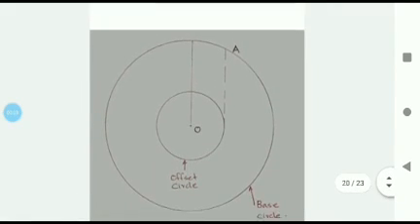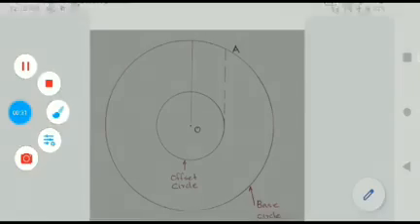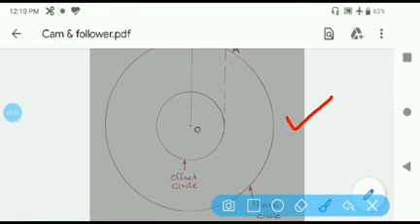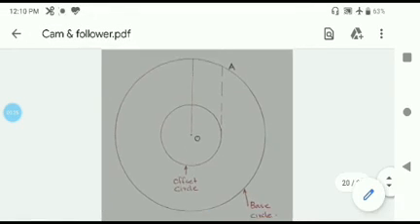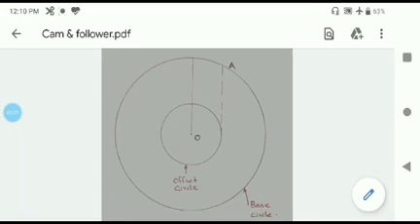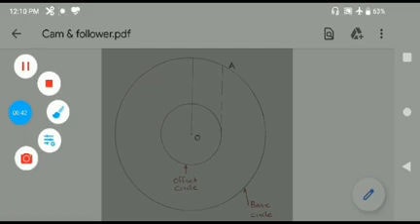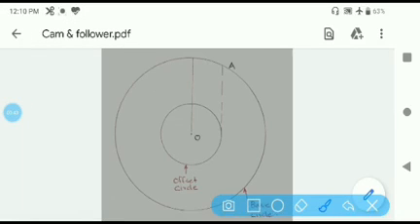First, you need to draw the base circle. The radius of the base circle is given as 50 millimeter. First, you draw a circle of 50 millimeter whose center is O. Then after that, you have to draw another circle which is concentric to the first circle, whose radius is the offset distance, and that circle we call the offset circle.